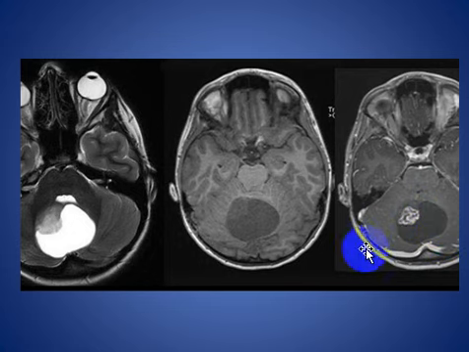These are T1, T2, and enhanced T1 images. There is a cystic component of the mass, and there is a hyperintense mural nodule. That mural nodule is enhancing, and it is highly suggestive of juvenile pilocytic astrocytoma.